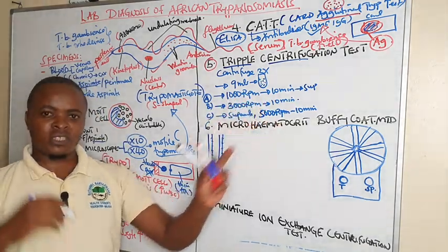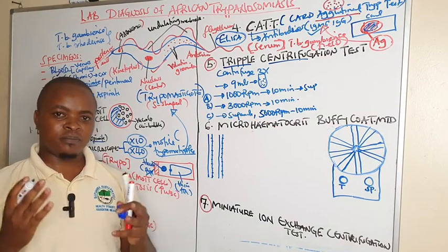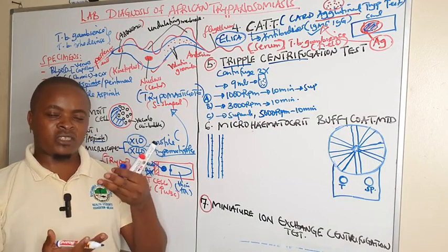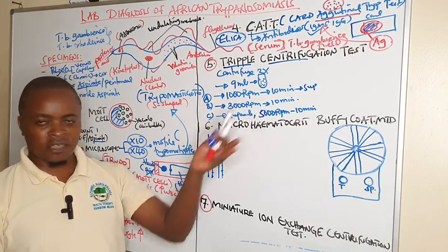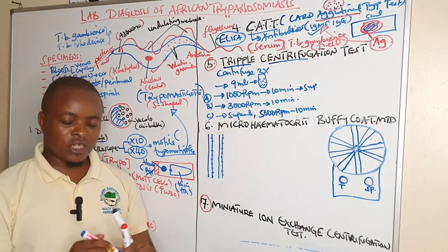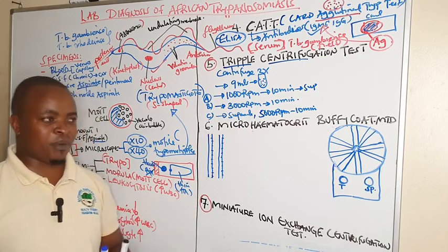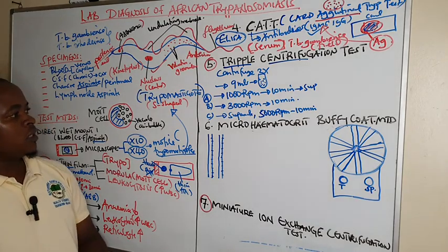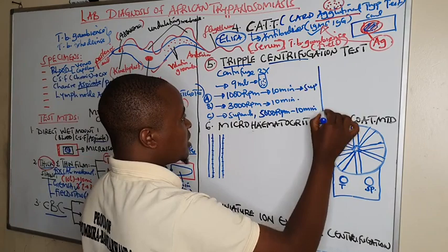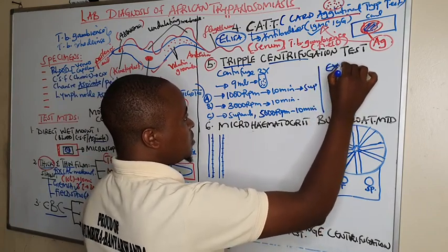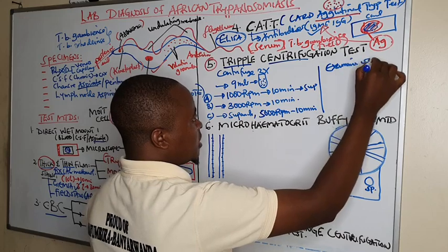You obtain the supernatant containing the plasma and the buffy coat. If it is CSF or an aspirate, you obtain the clear part. But at the end, we don't examine that; we examine using the deposit.